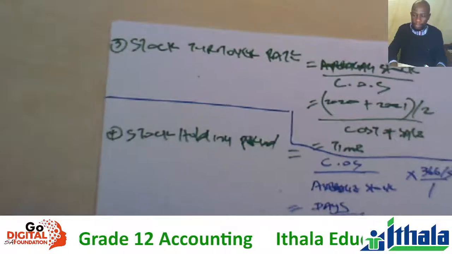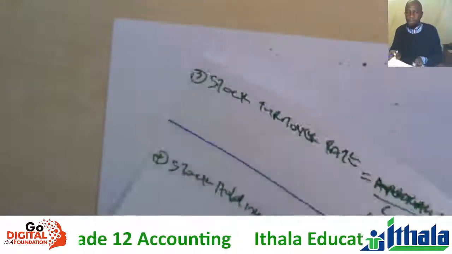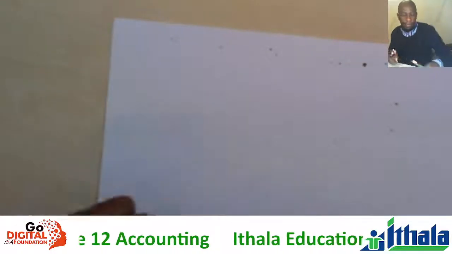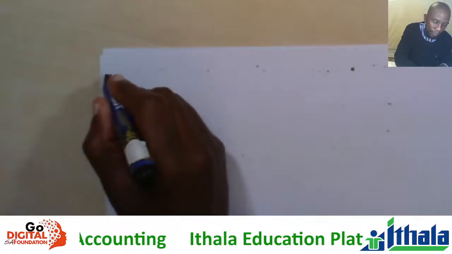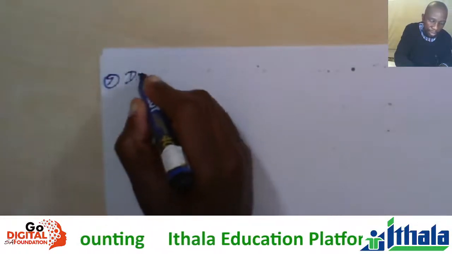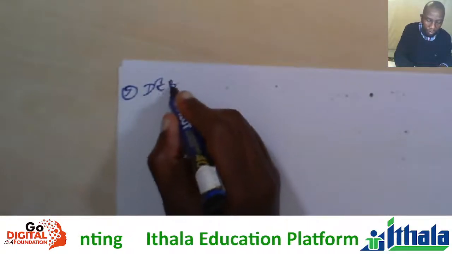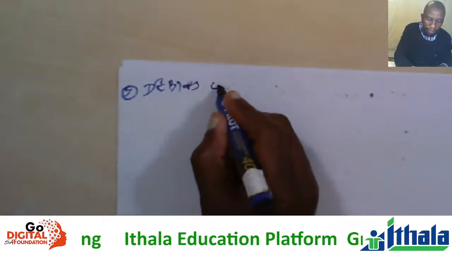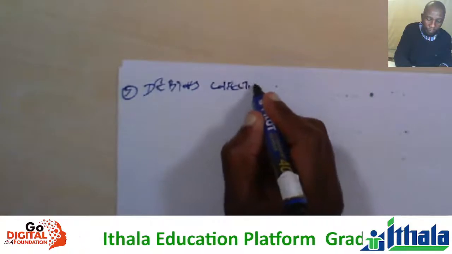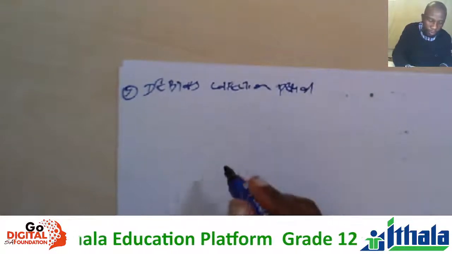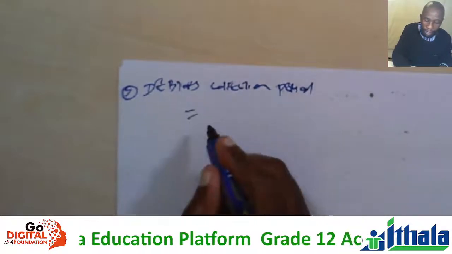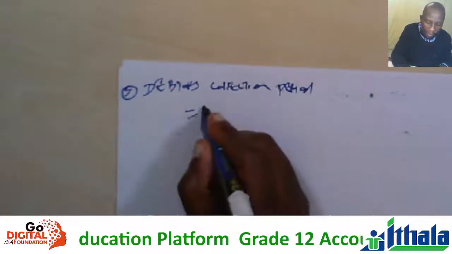And then we've got another pair of the ratios. That is also a friend. Number 5, debtors collection period. So the formula here is what? Average debtors.